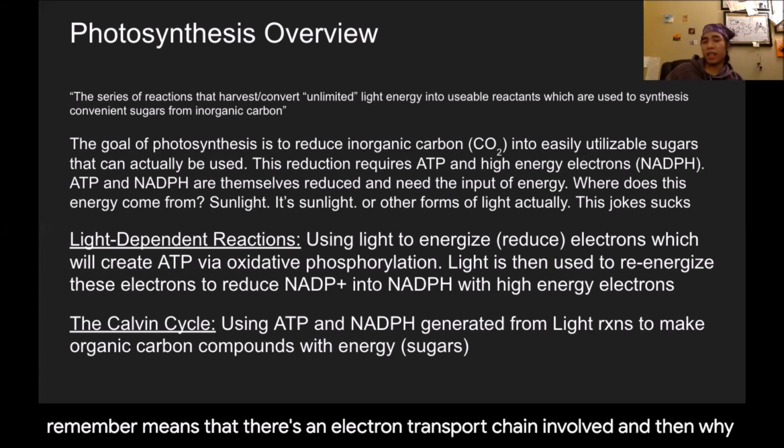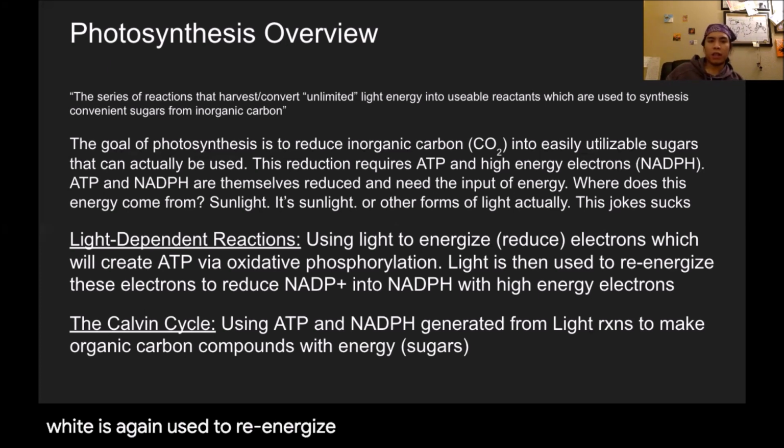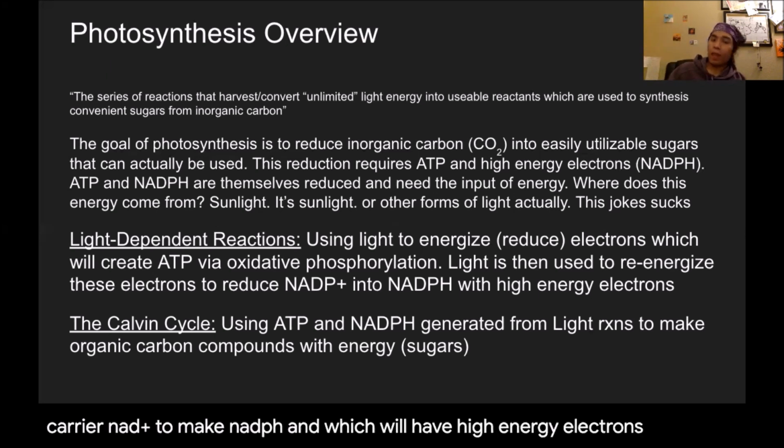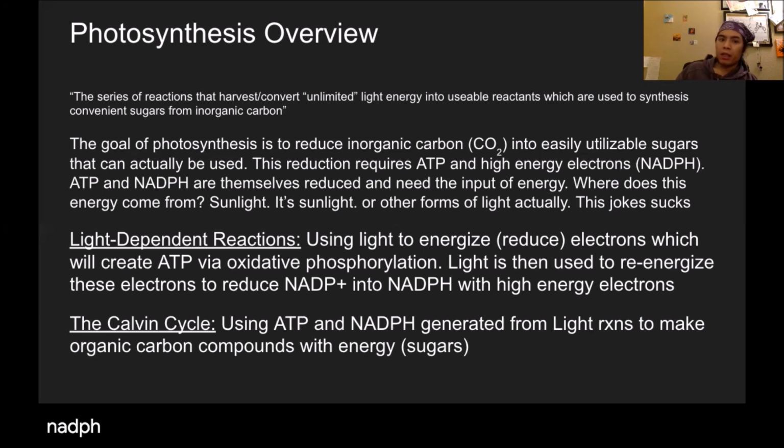And then light is again used to re-energize the electrons and give them to the electron carrier NADP+ to make NADPH, which will have high energy electrons. And the Calvin cycle uses this ATP and NADPH to make organic carbon compounds.